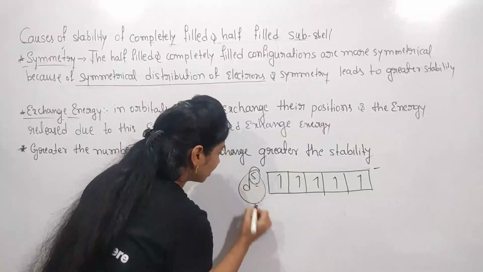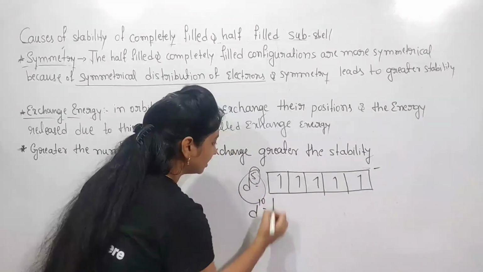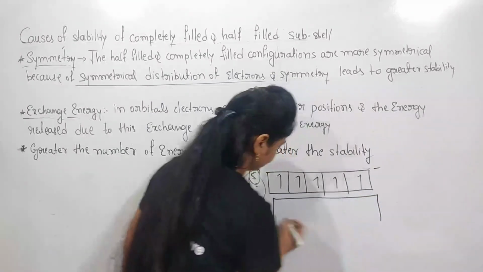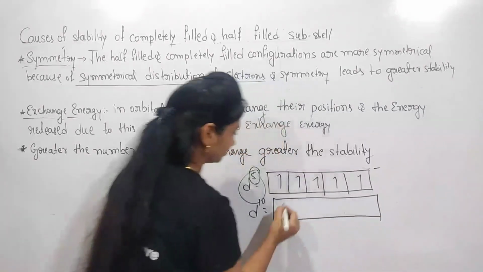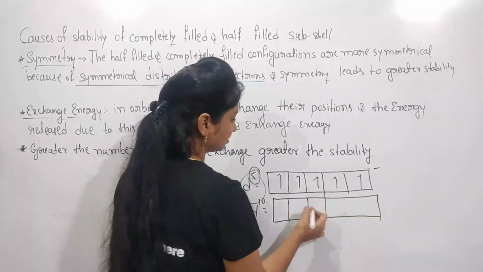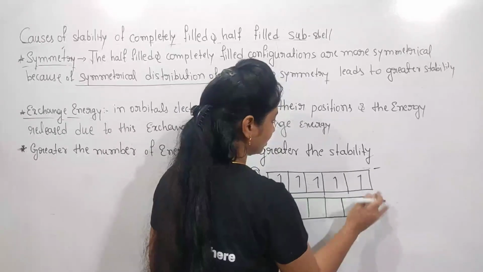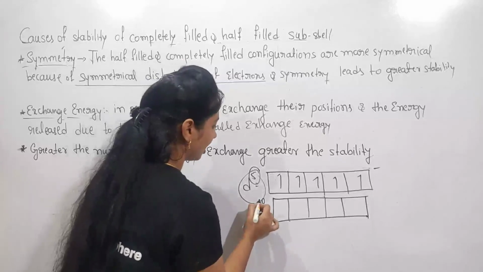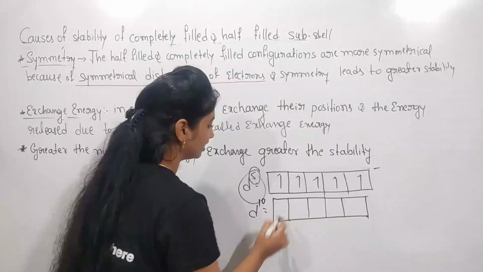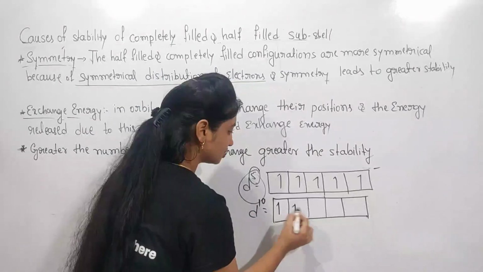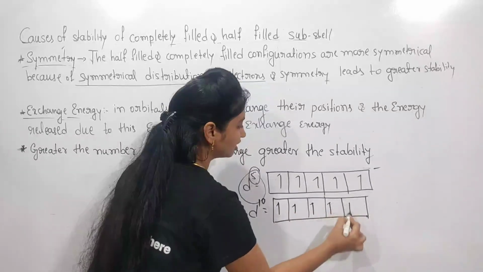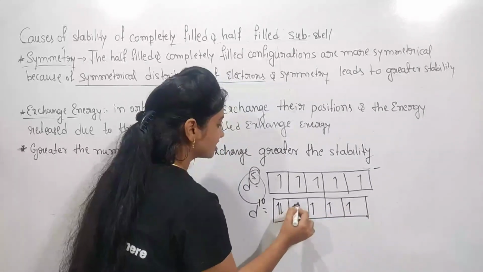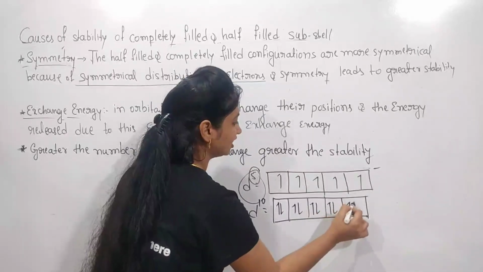And I wish to give another example here. These are again 5 orbitals, and I have 10 electrons to fill here: 1, 2, 3, 4, 5, 6, 7, 8, 9, 10.